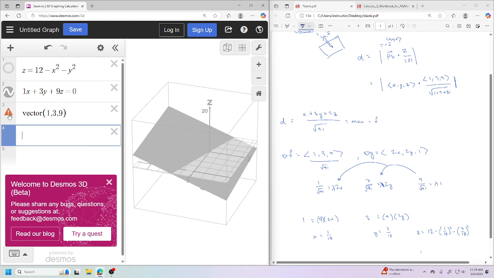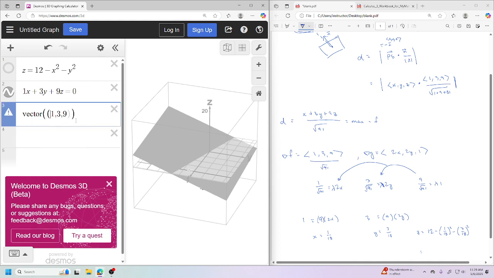You said it needs a start and an end point. So 0, 0, 0. Oh, so I need to flip them, because it goes start to finish.